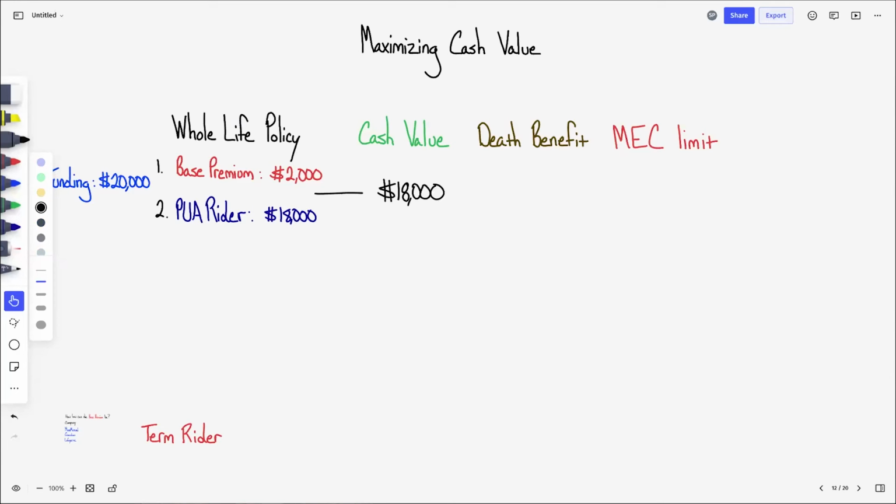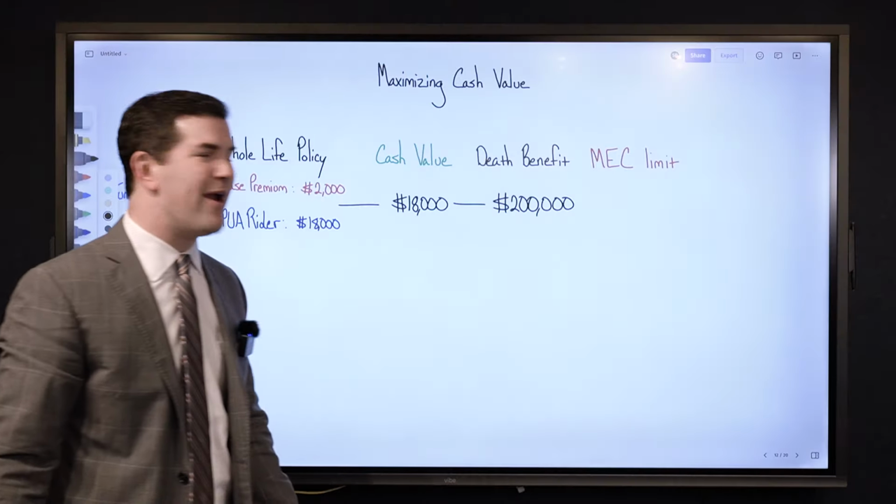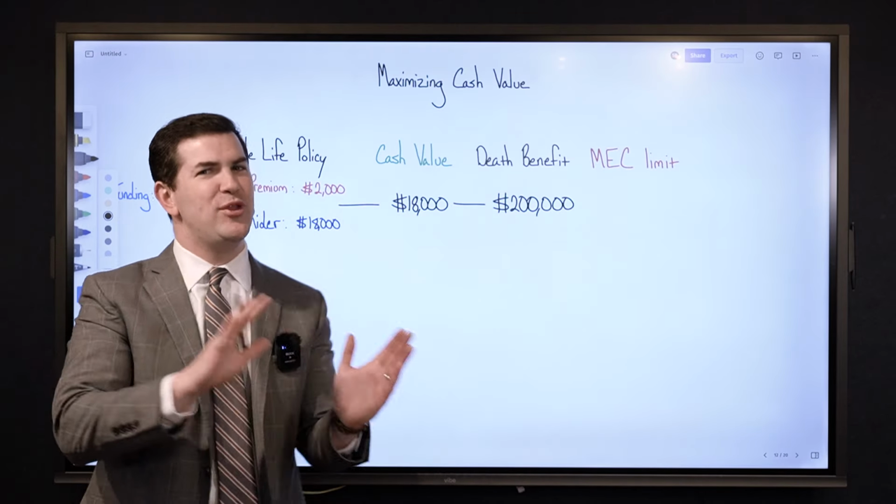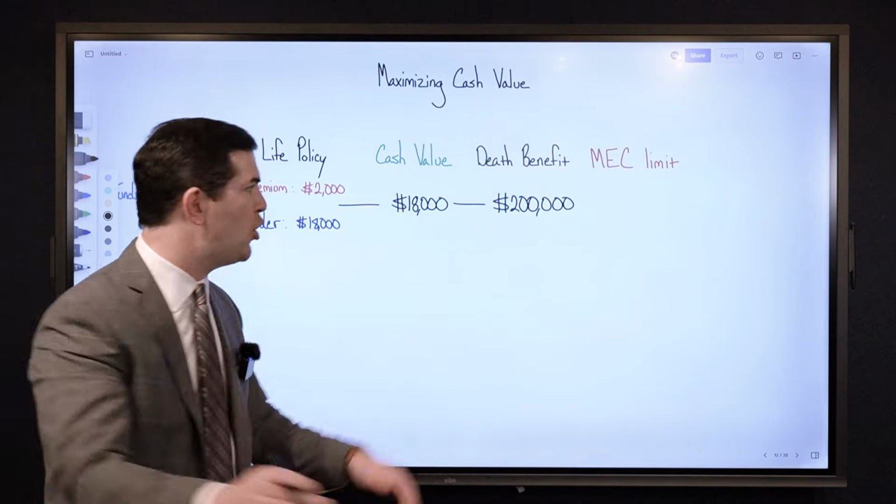And you're going to see it generates a positive return very early on too. There's a problem with this policy though, which you'll see in the first year, my death benefit might only be $200,000. And when we stop here, everyone always says, I don't care about the death benefit. I'm doing this for the cash value. Totally get it.